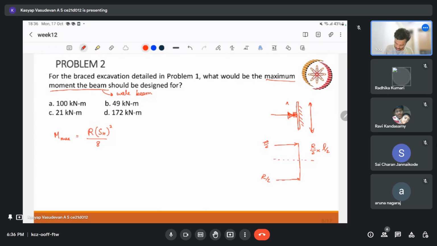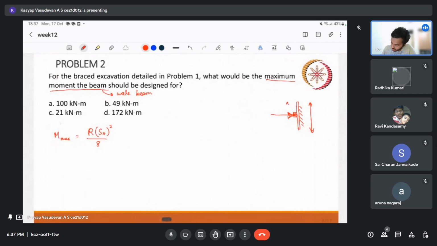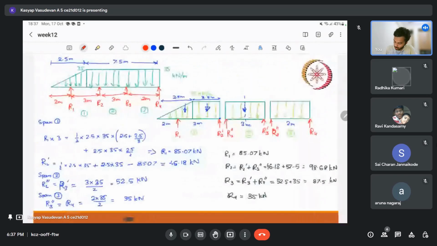Oh, sorry, not this one. Okay, sorry. So this is the formula for finding the maximum bending moment for a particular whale beam. In this case, our maximum R2 is 98.68, so we are supposed to take that.